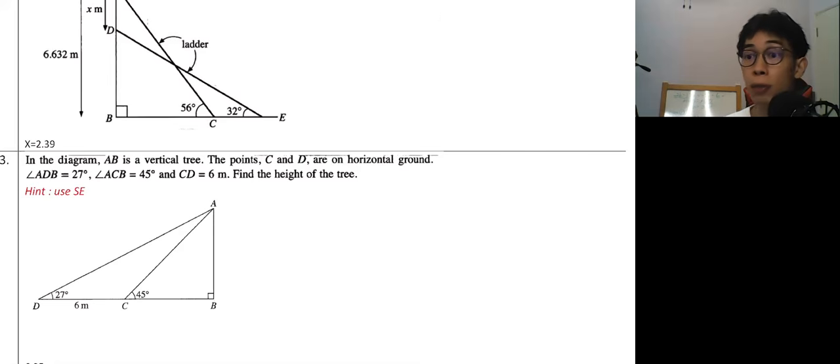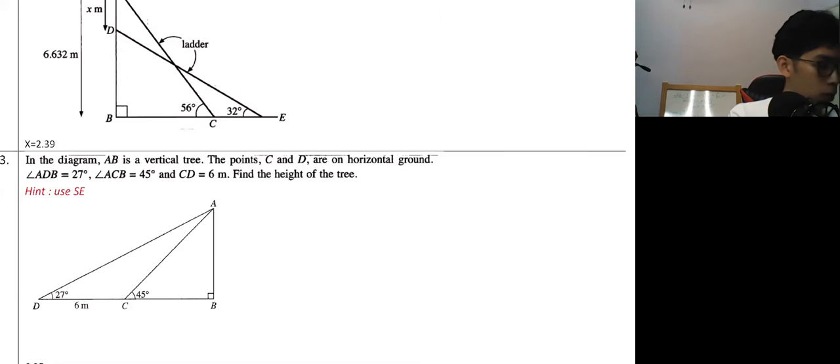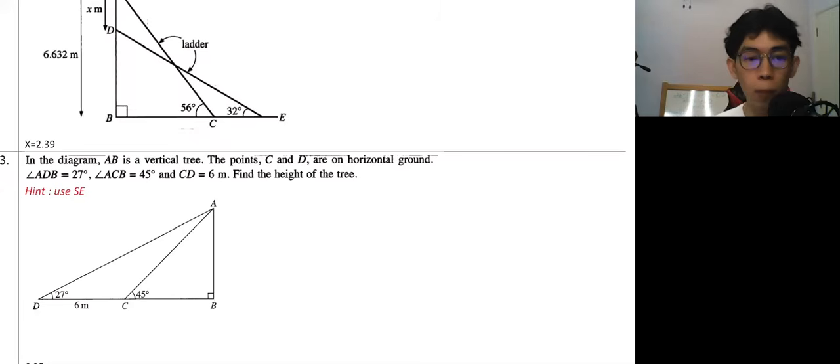In a while, I'll give you some hints. Okay, so I give you a hint now. The right angle triangle with 45 degrees.